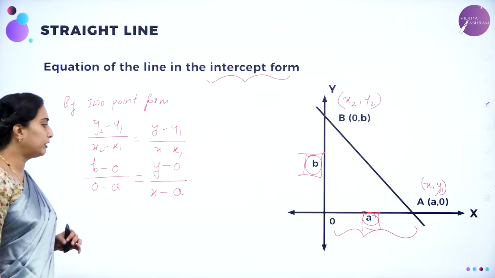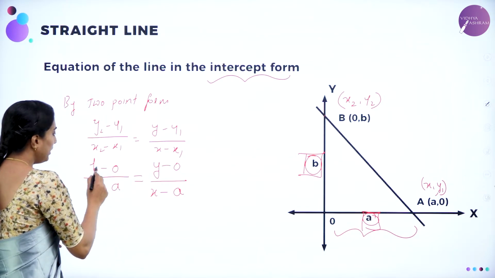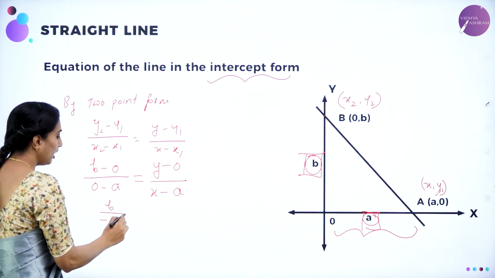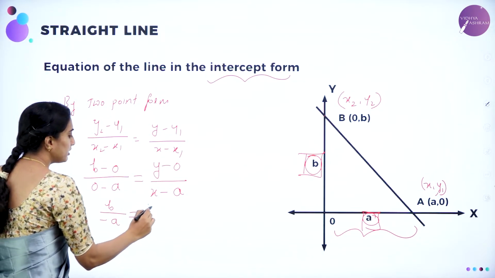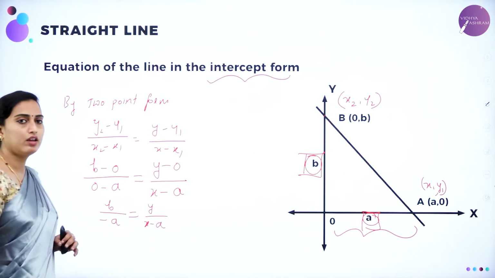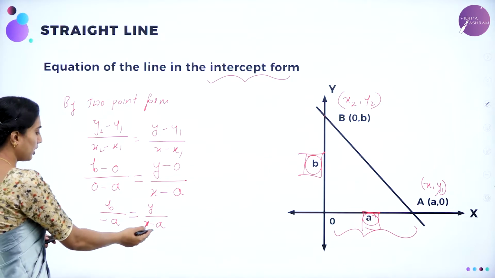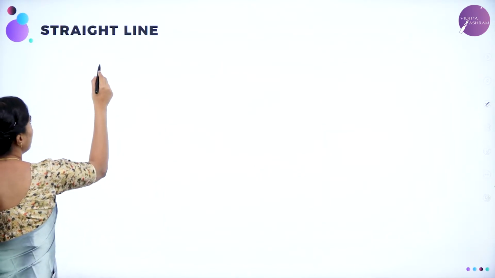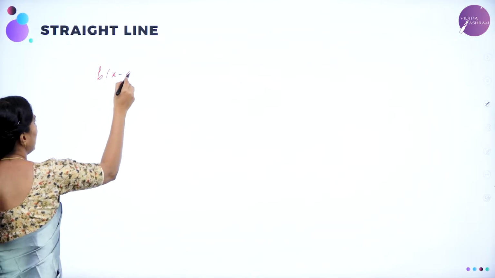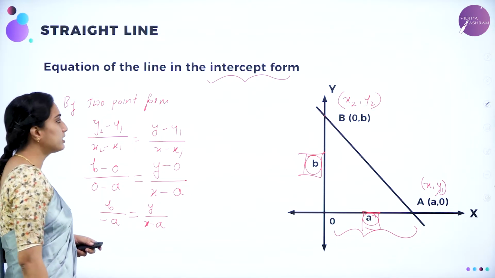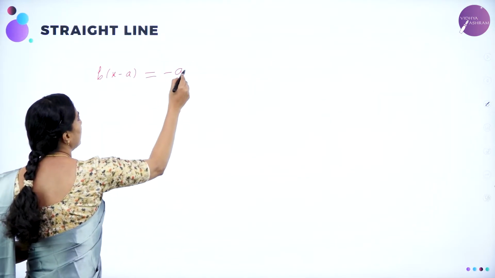Now by cross multiplication, we have b divided by minus a is equal to y divided by (x minus a). Cross multiplying, b into (x minus a) is equal to y into minus a, which is minus ay.